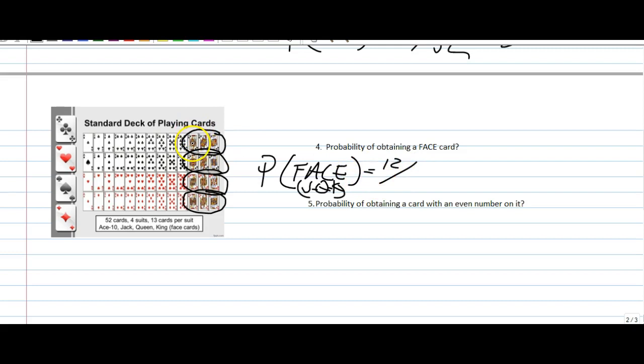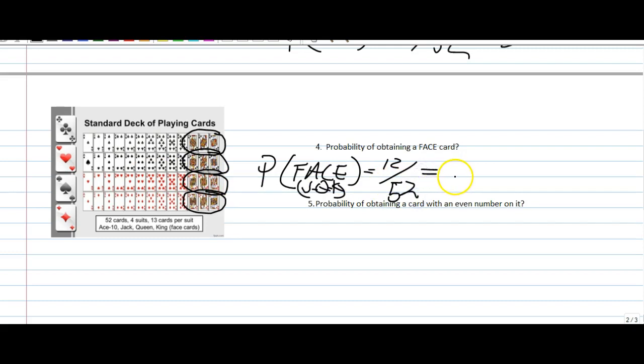So if I get the Jack of Clubs, I have a face card. If I obtain the Queen of Hearts, I have a face card. If I select the King of Spades, then I have a face card, etc. So I have 12 chances for success out of a total number of cards of 52.